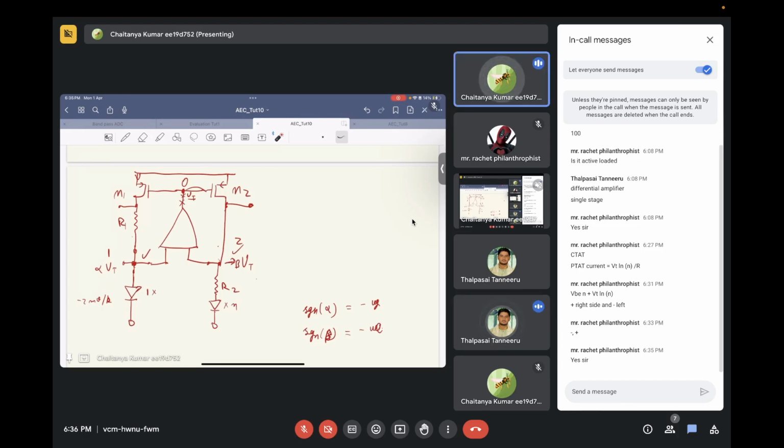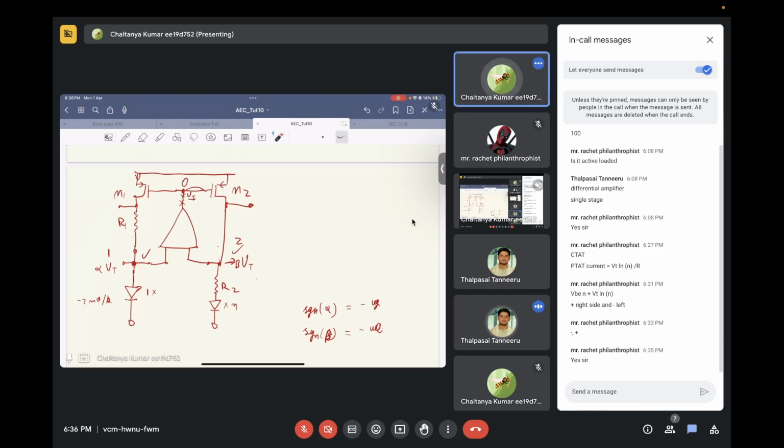What will be the gain, let's say these transistors M1 and M2 have infinite output resistance and the gm of both transistors is the same, gm. What is the gain from node O to 2? It should be infinite only, no? Why? Because output resistance is infinite.